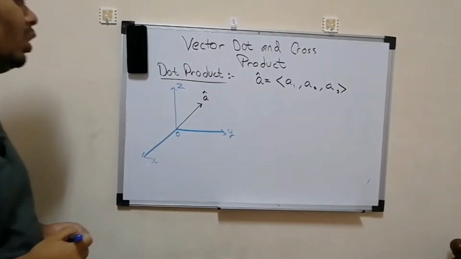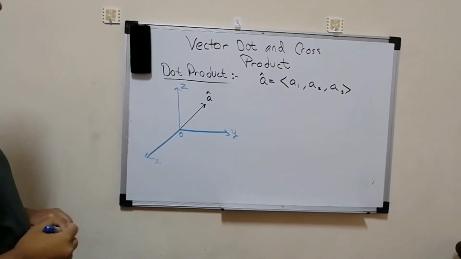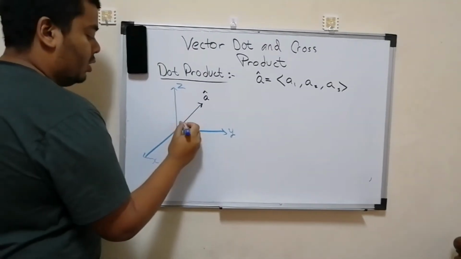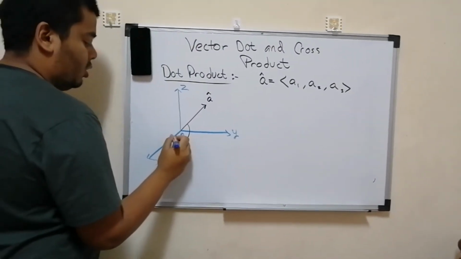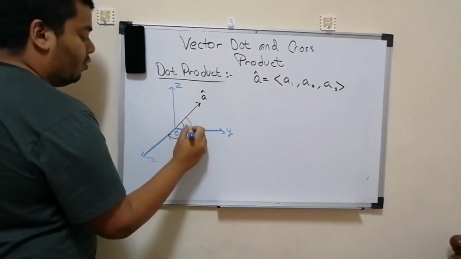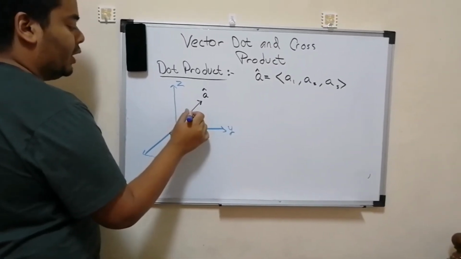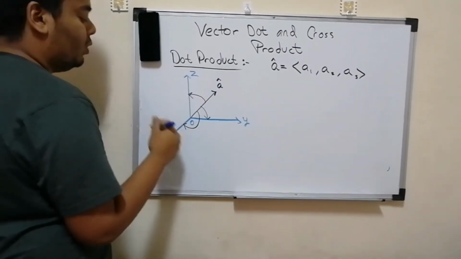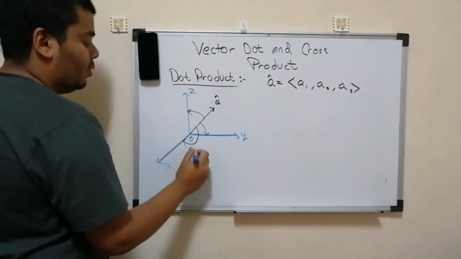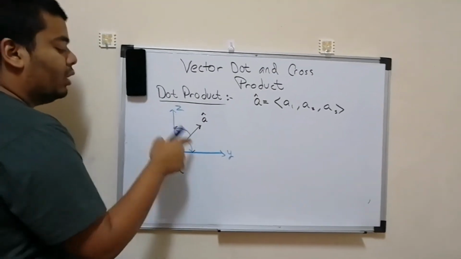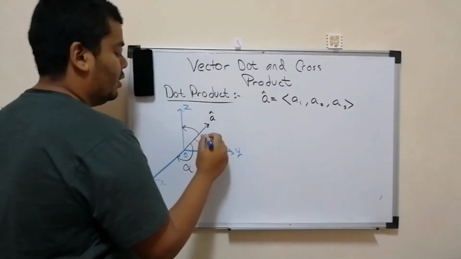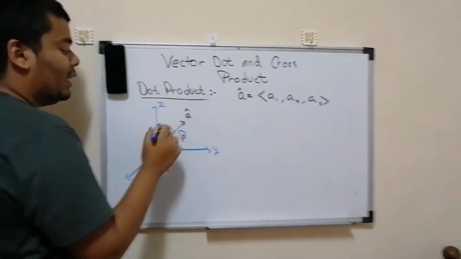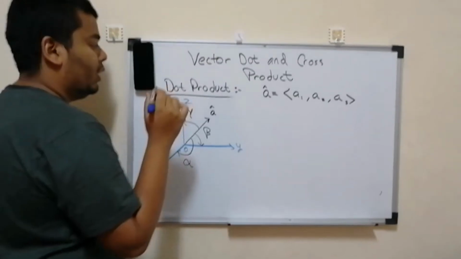Okay, so now the vector A is making certain angles with each of the axes. Let's say the angle it's making with the x-axis is known as alpha. The angle it's making with the y-axis is known as beta. And the angle it's making with the z-axis is known as gamma.